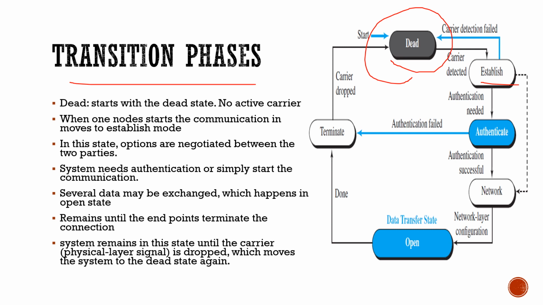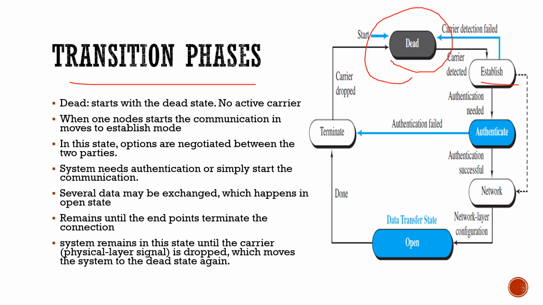So after that, we have two options. One is the system needs to authenticate whether the data is given from an authenticated user or not. Otherwise, it simply moves to the open state for the exchange of data. So here we have two states: either the system needs authentication, or it moves to the open state.